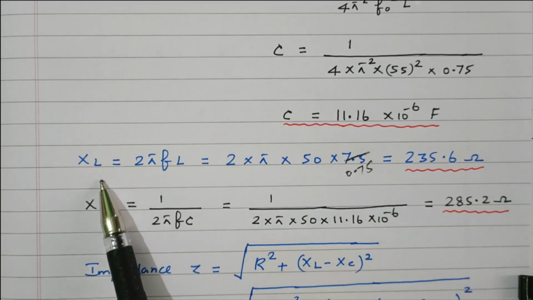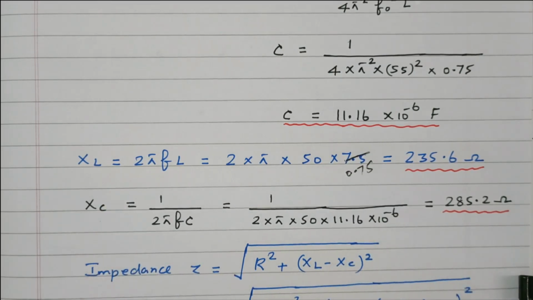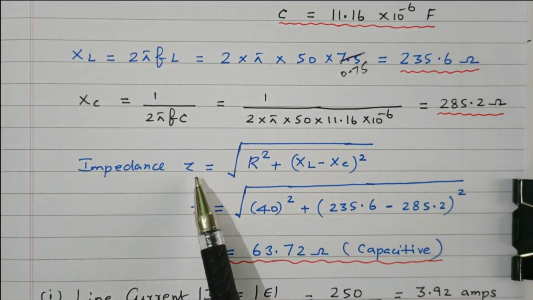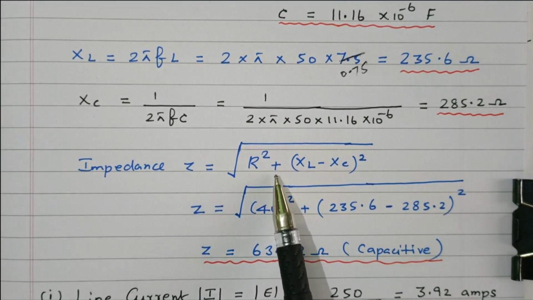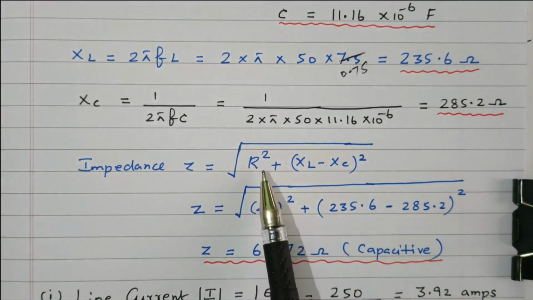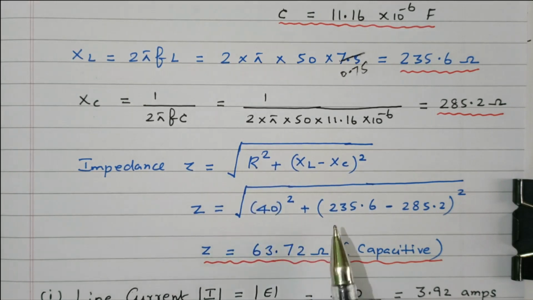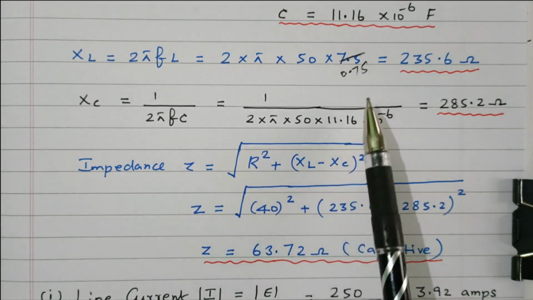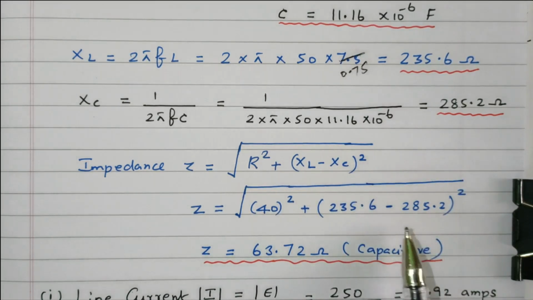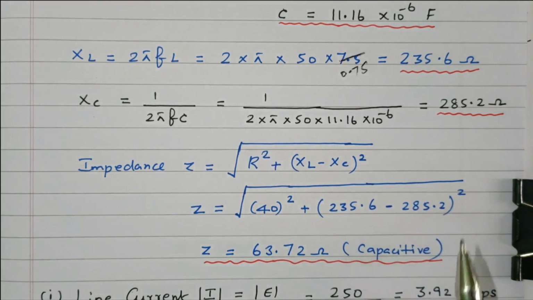So from this XL and XC we can find the impedance of the circuit. Impedance Z equal to square root of R square plus XL minus XC the whole square. It's a general formula. R value given is 40 square, XL we calculated 235.6, XC is 285.2. So 235.6 minus 285.2 the whole square.